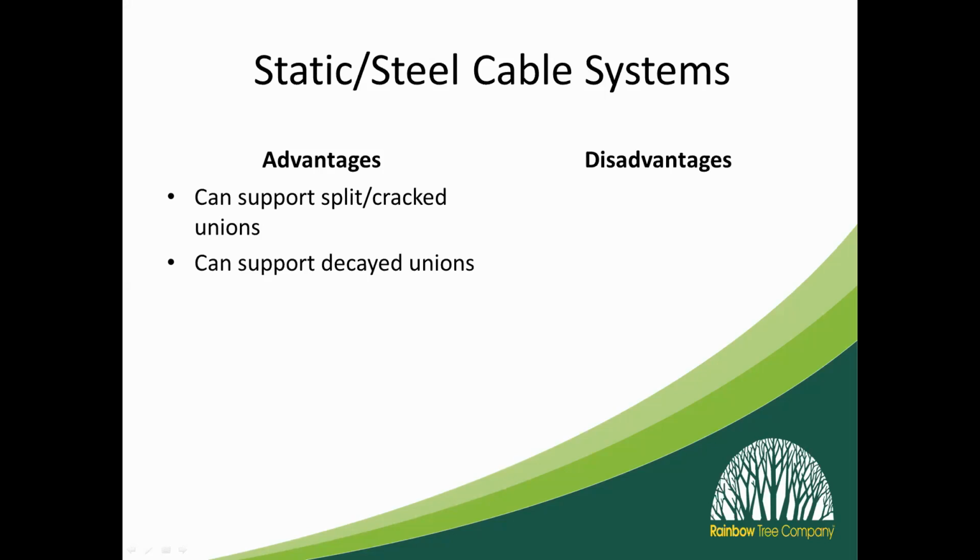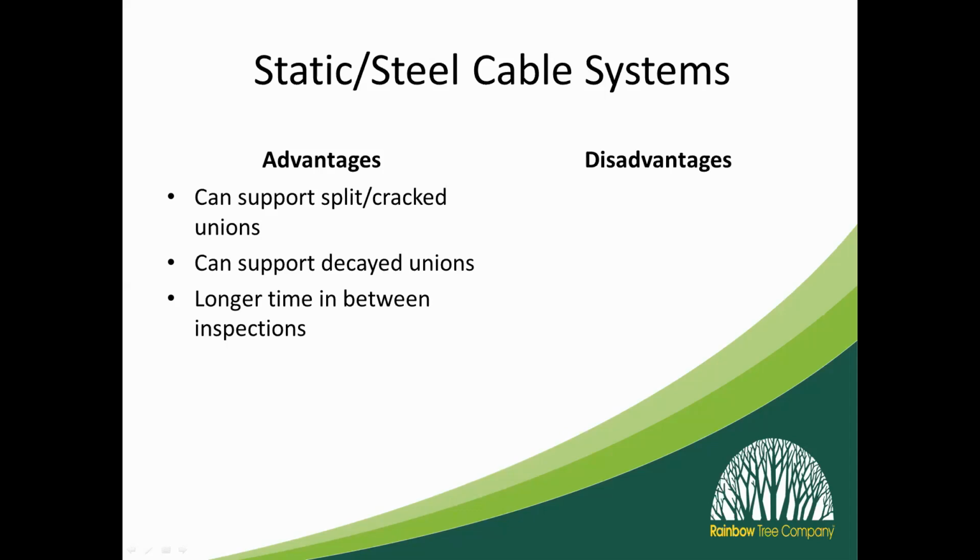The inspection period is a little bit longer on steel cables. Under A300, it's about 3 to 5 years you can get away from inspections. Dynamic is much shorter, almost annually. I'd look at it depending on what kind of tree it is, just to see how it's holding up.